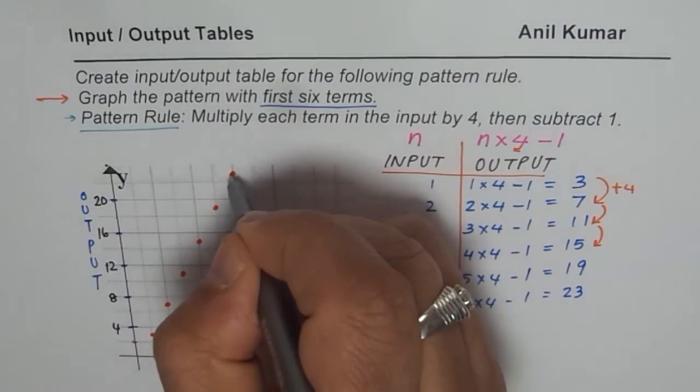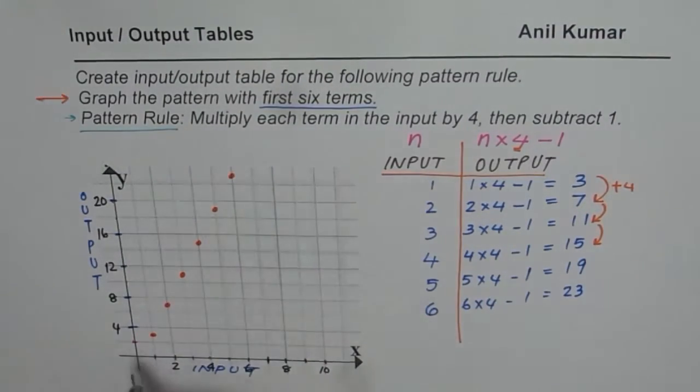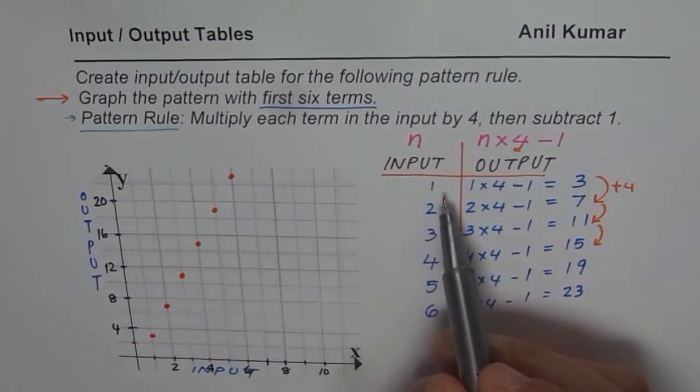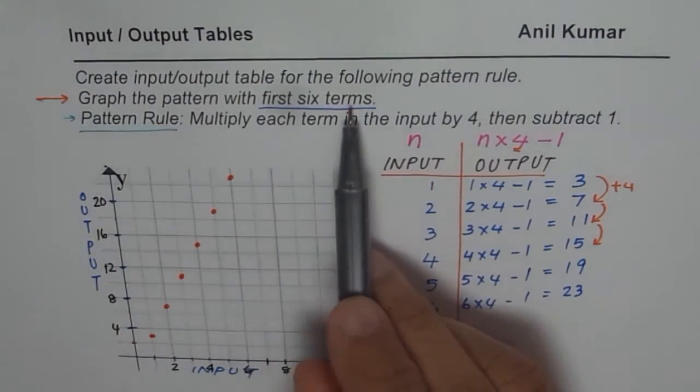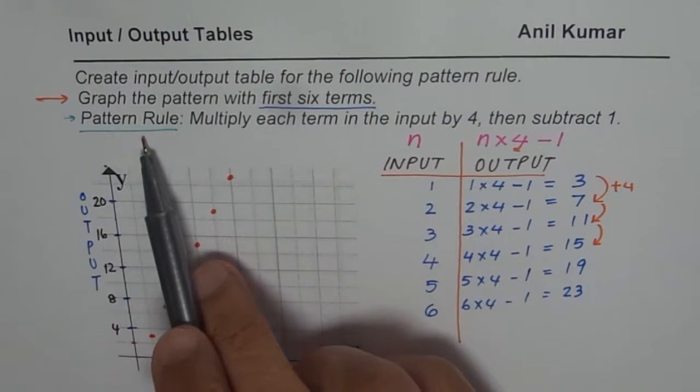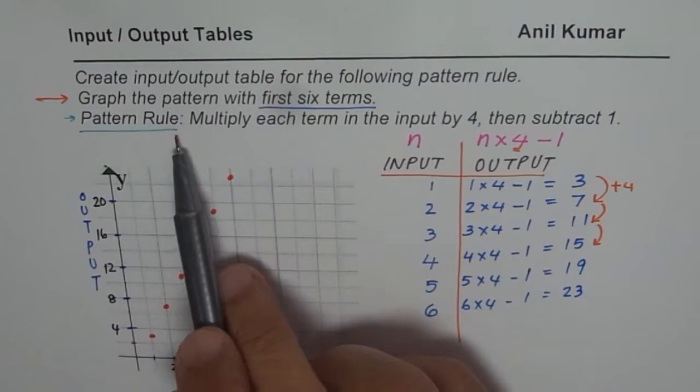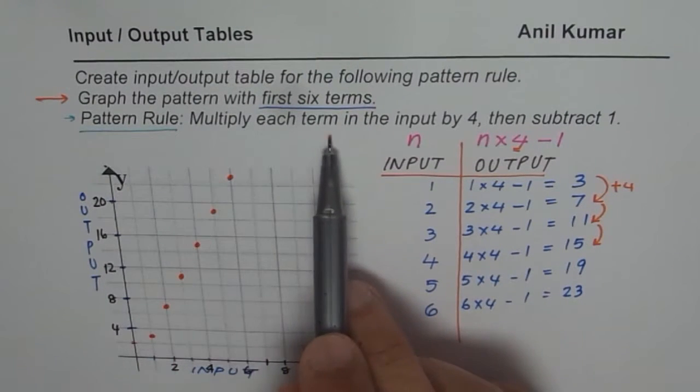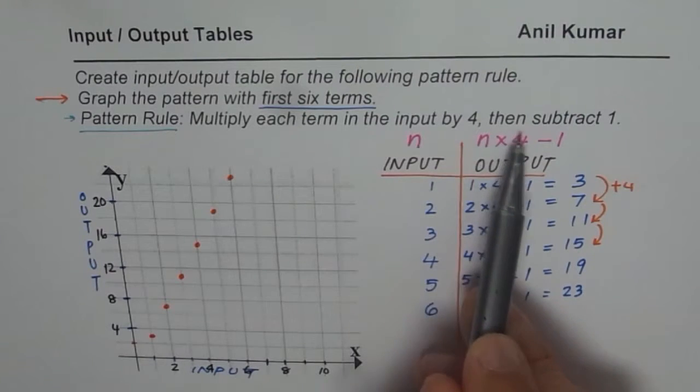So that is how we get a set of points, and these points represent the first 6 terms of our pattern rule, which is multiply each term in the input by 4, then subtract 1.